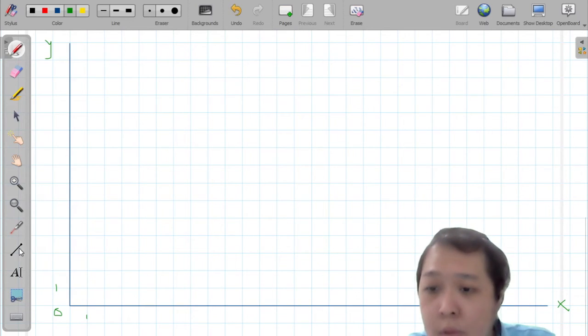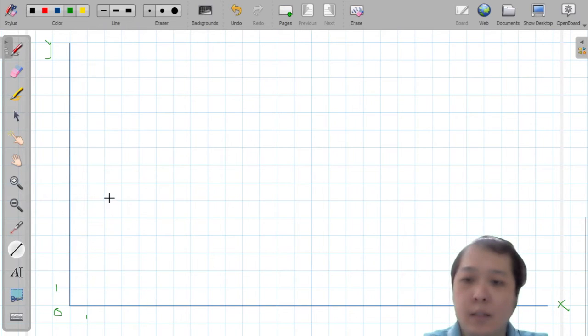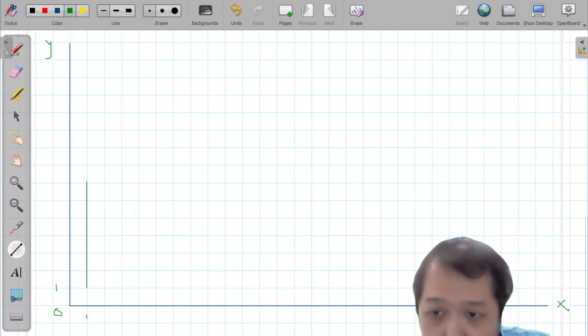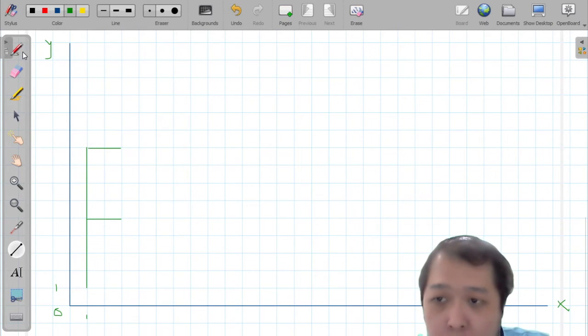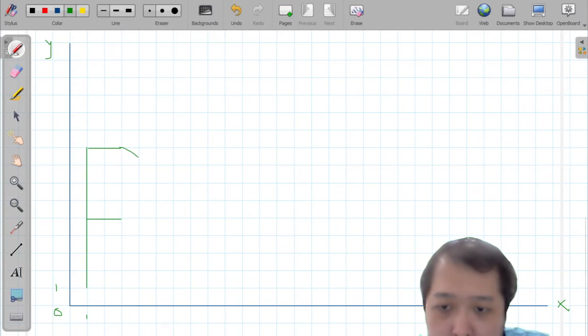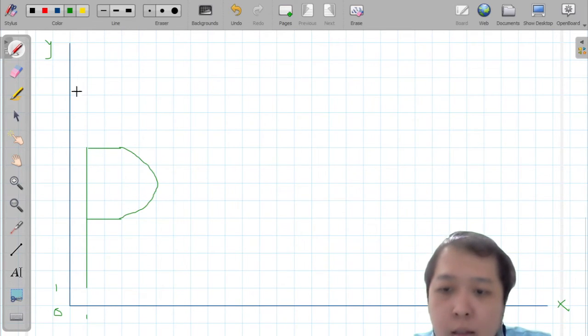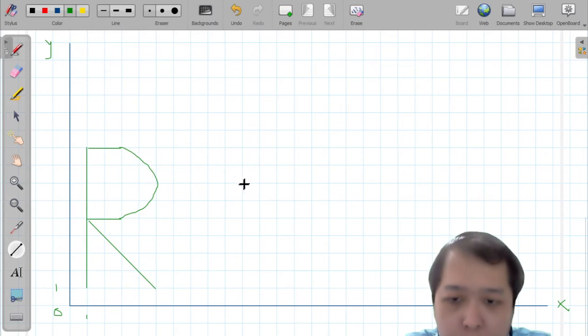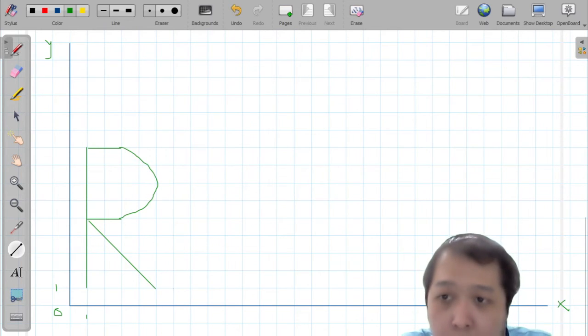Right, let's do this. 8 times 4, so this is the R, and then the top part, and this is the semicircle here, and another line at the bottom. Okay, this will do.